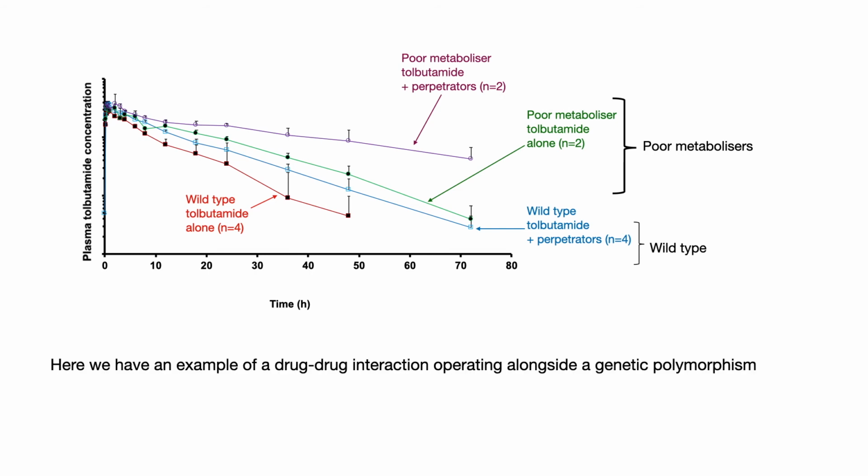So what you're seeing here is an example of a drug-drug interaction operating alongside a genetic polymorphism. That just goes to show the sort of complications you get in populations where they may be taking different drugs, or indeed taking in different xenobiotics based on their diet, and of course they will have different genetics.